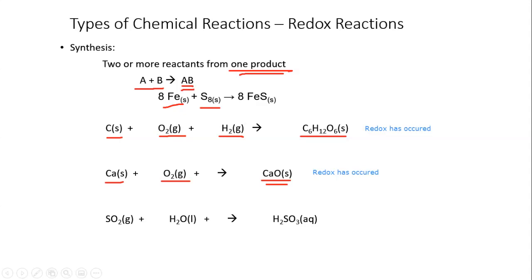So this is synthesis, but redox has not occurred because we start with compounds and we end up with a compound. So again, in synthesis, if your reactants are elements, you form a compound, redox has occurred as well. If they're compounds and form a compound, redox may or may not have occurred. And in this example, it did not occur.